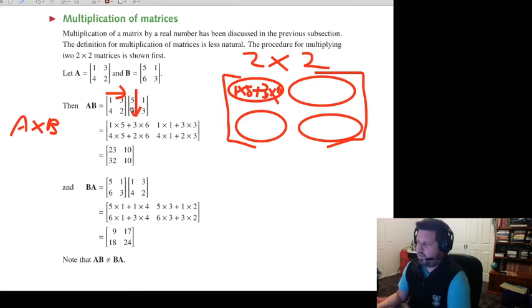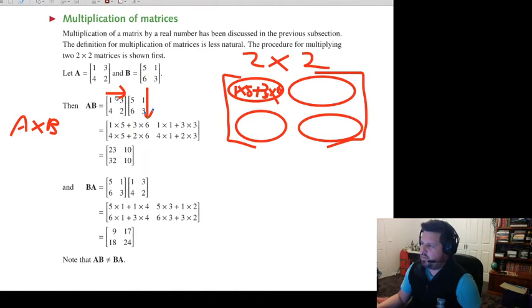Then to calculate the next value over here, again, you're still going across this row, but instead of going down this first column, you'll be going down this second column that's here.